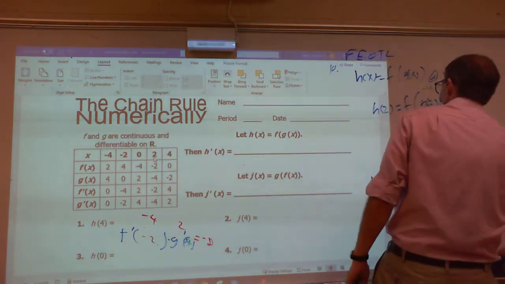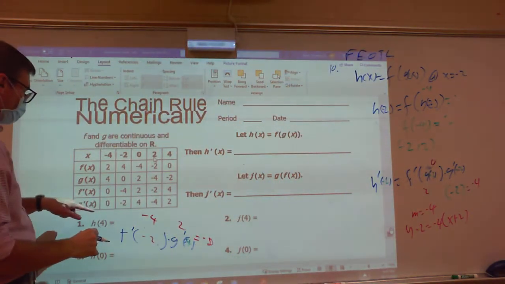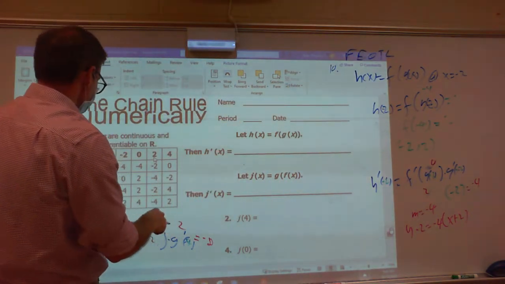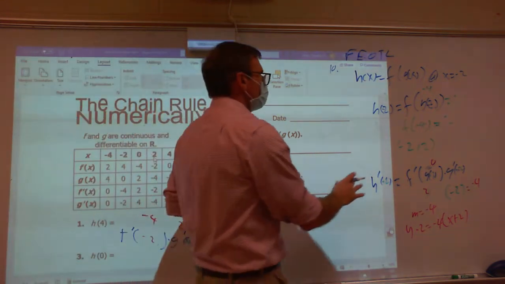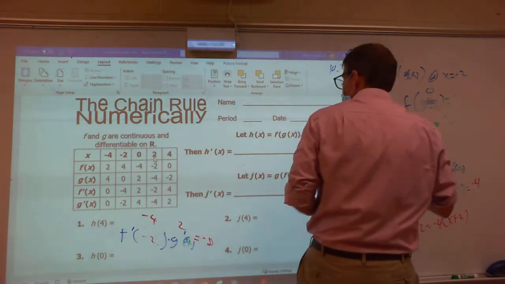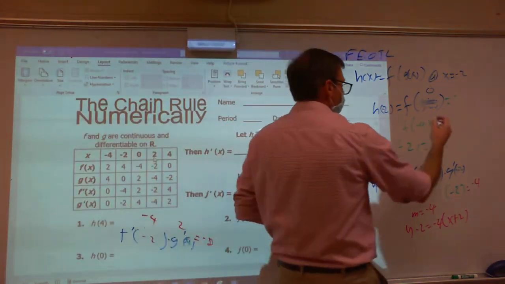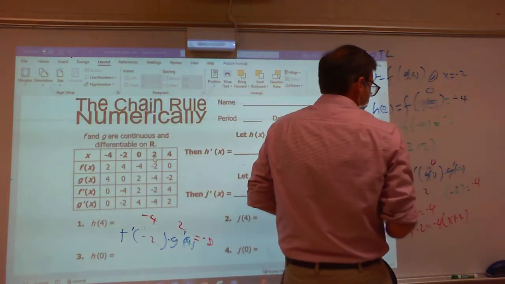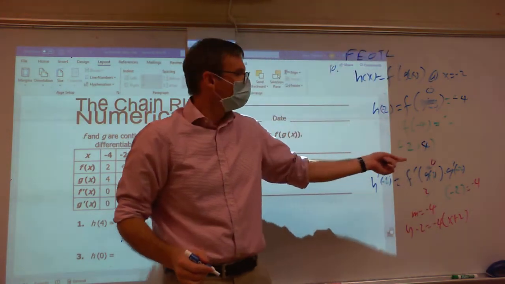So if I plug in negative 2, let's see, what's h of, so what's g of negative 2? So g of negative 2 is 0. So this whole thing was 0, and then f of 0 was negative 4. So it should have been negative 2, negative 4.